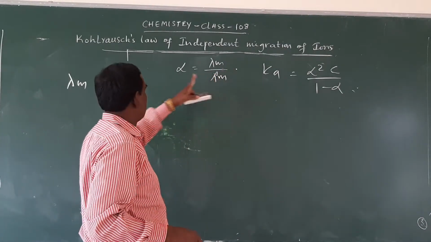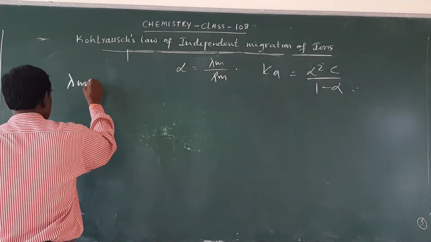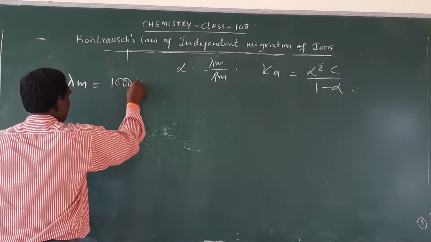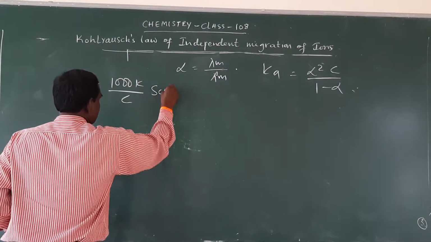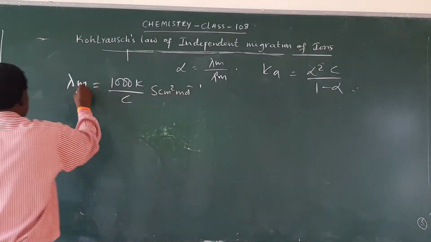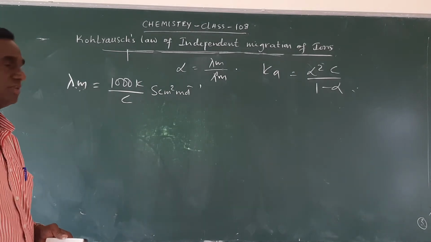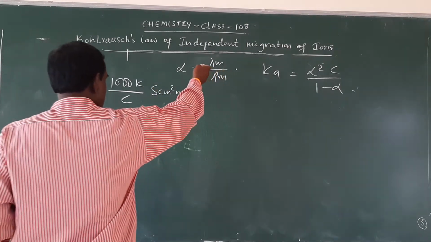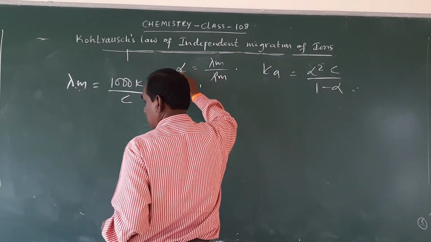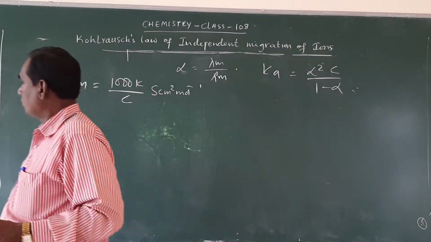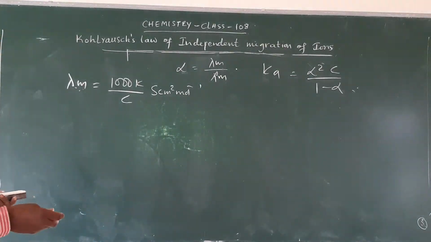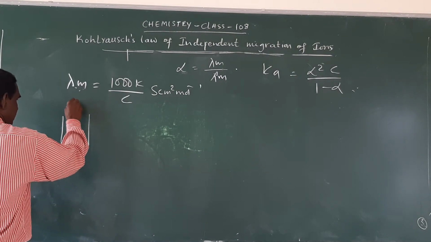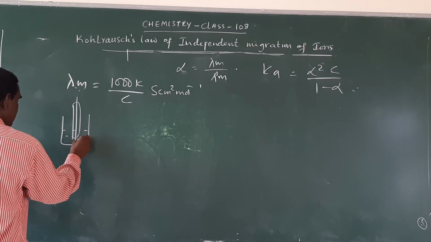The molar conductivity lambda m is equal to 1000 into kappa divided by C, in S cm squared per mole. By knowing this lambda m, you can calculate lambda naught m, and substitute alpha here. For this, you have to take the weak electrolyte solution in a beaker and put a conductivity cell in it. So this is the weak electrolyte solution.